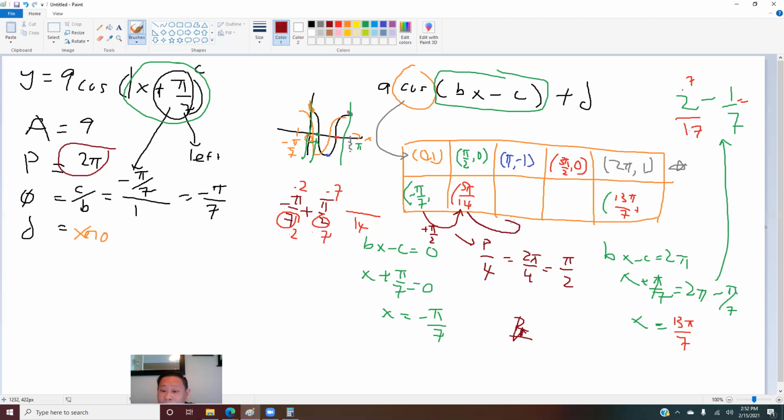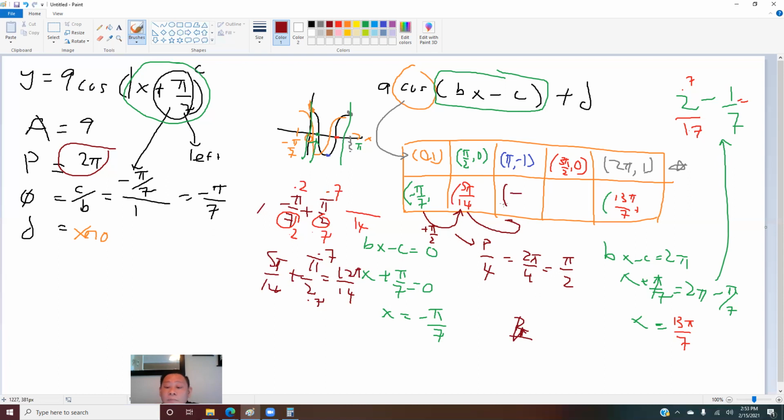Take the 5 pi over 14 plus pi over 2. Common denominator. What's the common denominator? 14 on the bottom, and this multiplied by 7. So 5 pi plus 7 pi is 12 pi. Can you reduce this one? Yes.